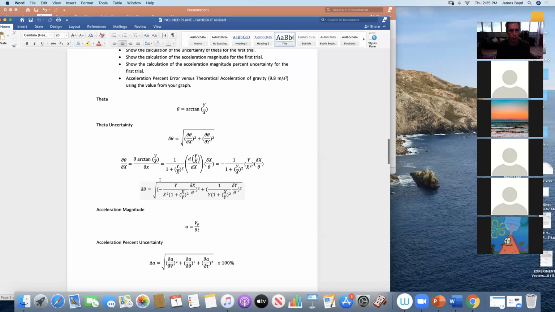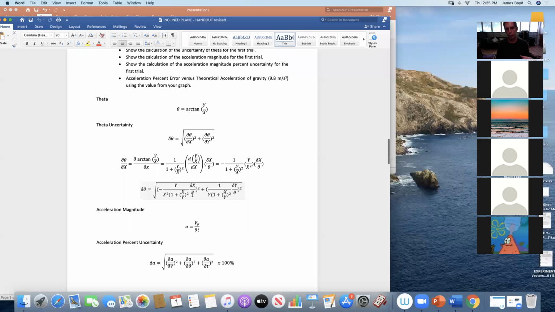I just flipped them. So this would be like 40 over 120 squared plus 1 plus 40 over 120 squared, all in the denominator, times delta x. Delta x is 0.01 or 0.05 centimeters.